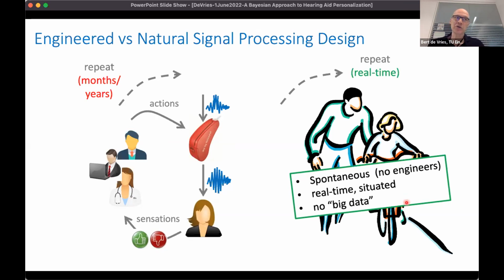So I'd like to go away from posing the question of hearing aid design in a company as, okay, let's design the best possible hearing aid, to another question, which is: under situated conditions, whenever there is some problem, what's the best way to react? Because that's how we really learn in the field.